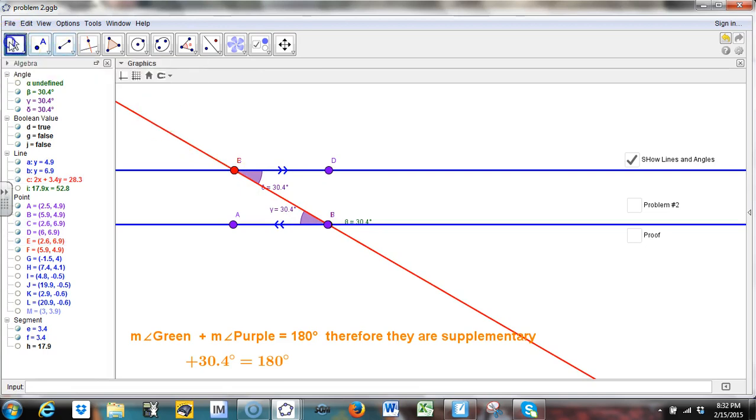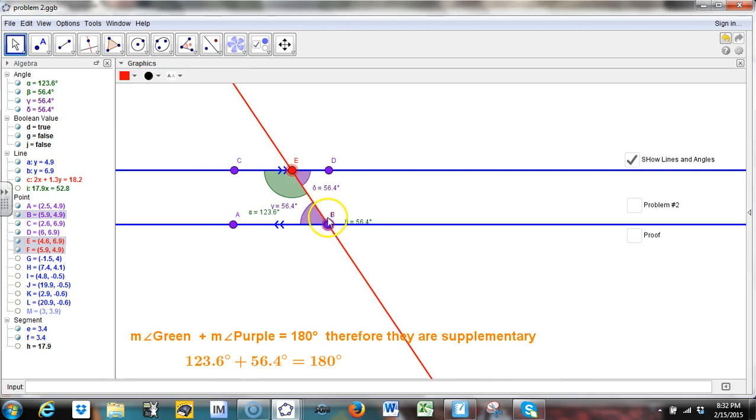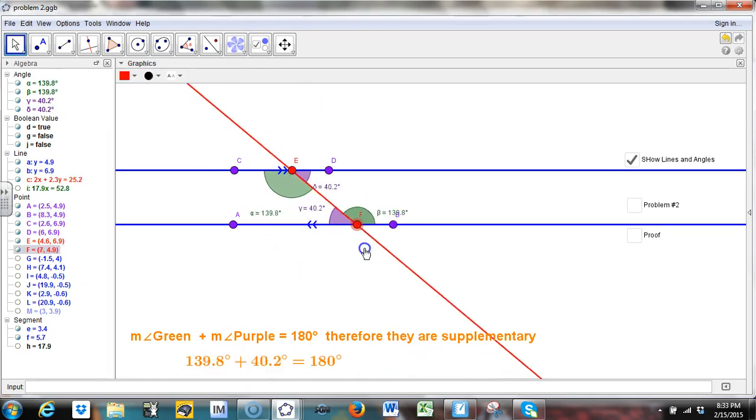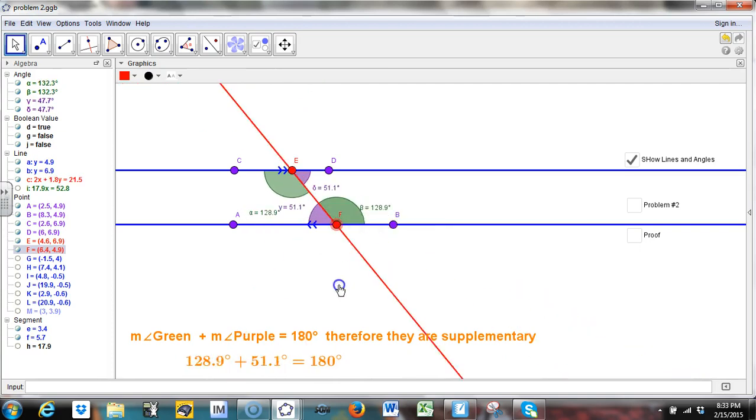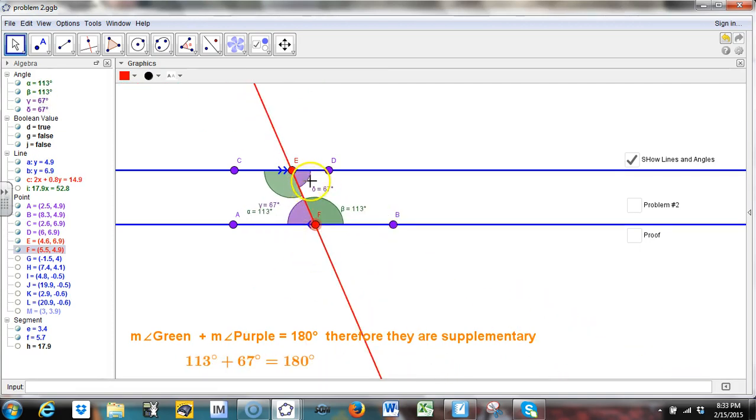And notice that we have some alternate interior angles that are going to be congruent. No matter what our transversal looks like, those alternate interior angles are always going to be the same, right?